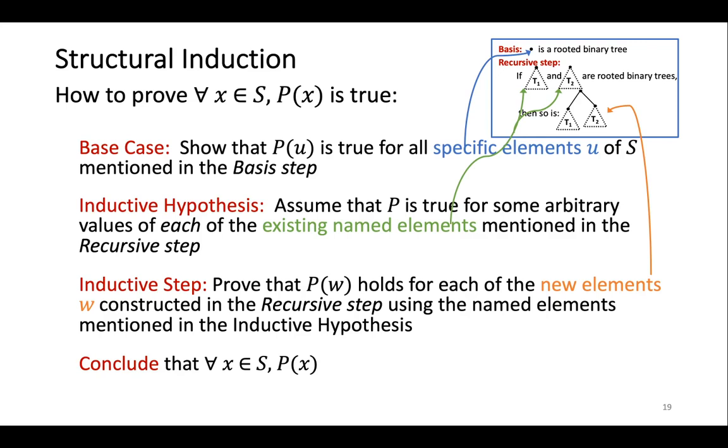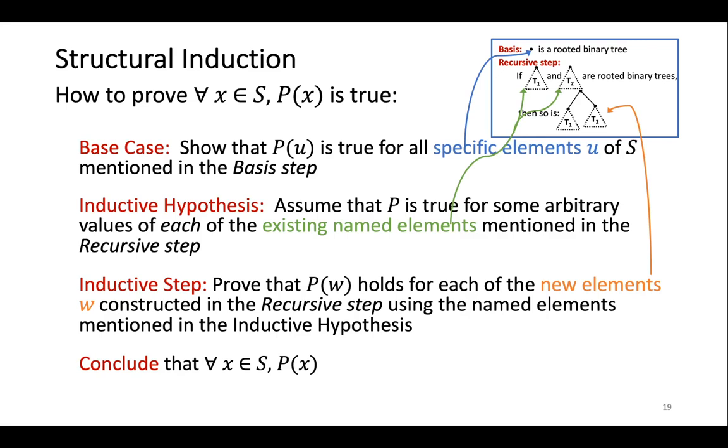And assume P is true for some arbitrary value of each existing named element. We have two separate binary trees, T1 and T2. In this case, they are both binary trees. That's true. And next, we want to show the new element from those trees.